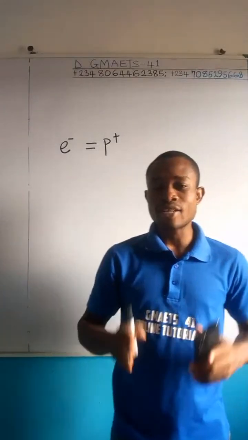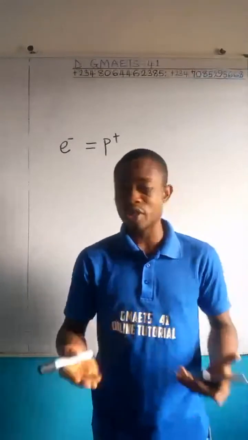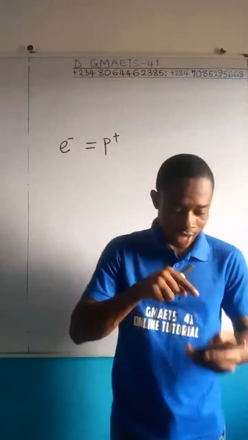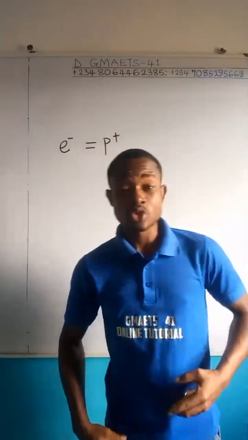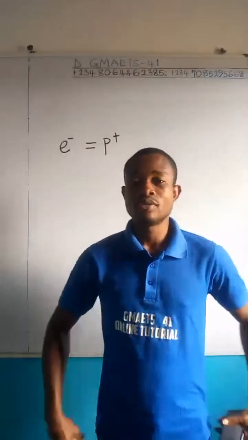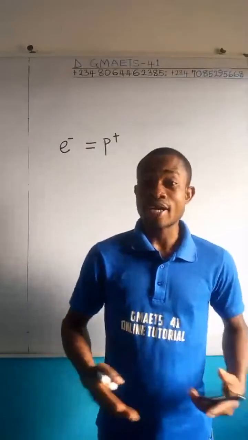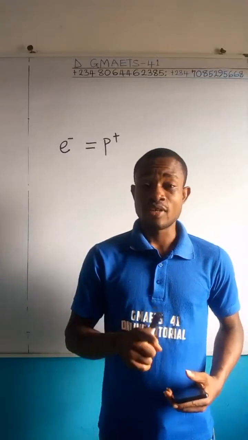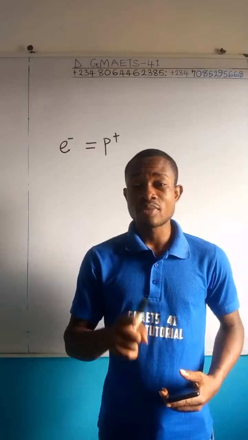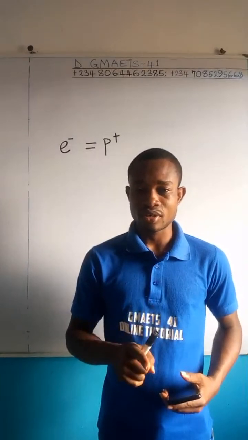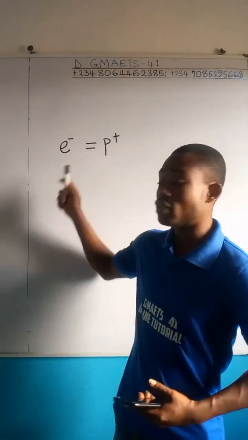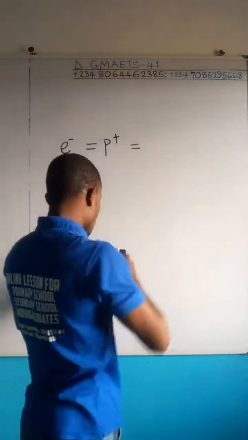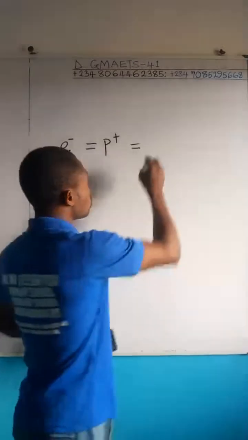So if an atom has not reacted, which in this question, we were not told that atom X reacted, therefore, we will assume that it didn't react. Is that clear? And for that reason, the atom is considered to be electrically neutral. And we can conclude that the number of electrons is equal to the number of protons. On the basis of that, the number of protons here, according to the question, we have 82 protons.